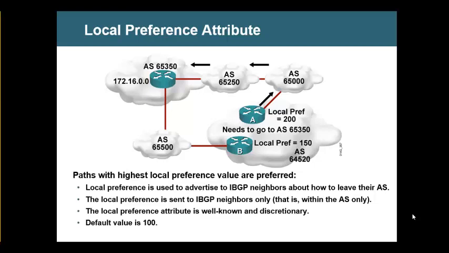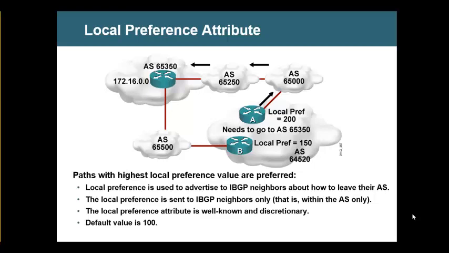But between eBGP, local preference is not expected to be there in the updates because it's not necessary. Only between iBGP you need this. Local preference will be useful only between iBGPs.